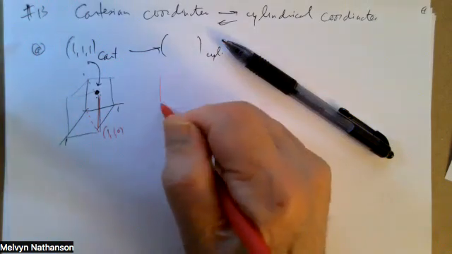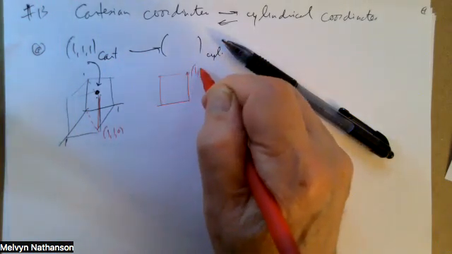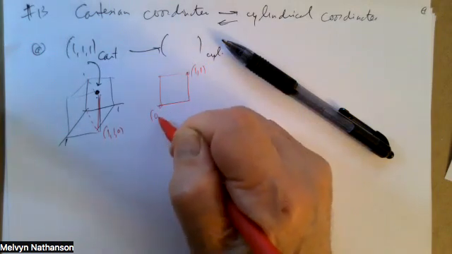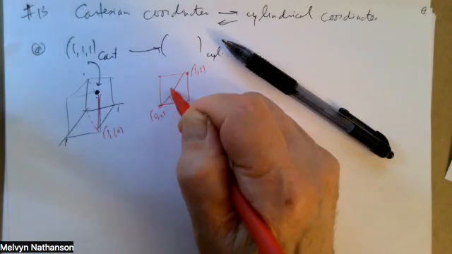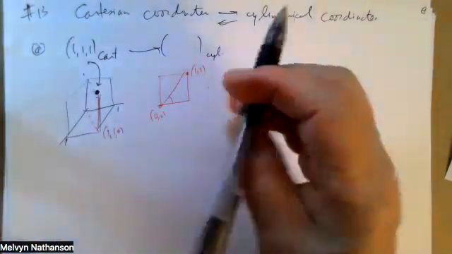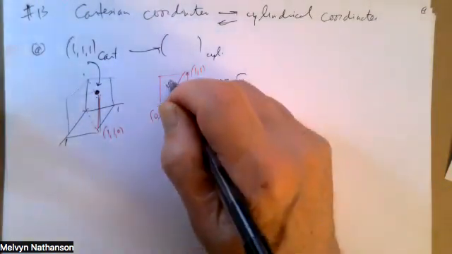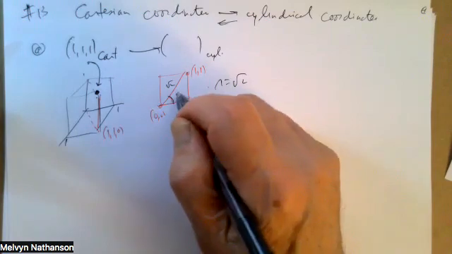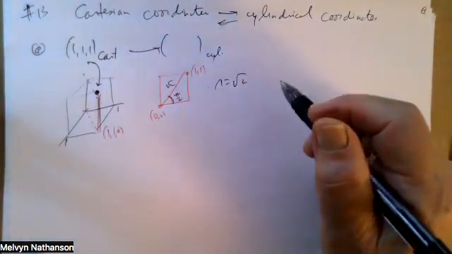So if I'm looking at the xy plane, here's the point 1, 1, here's 0, 0. The length of this line, r, is the square root of 2. This angle is pi over 2, and the height above the xy plane is 1.